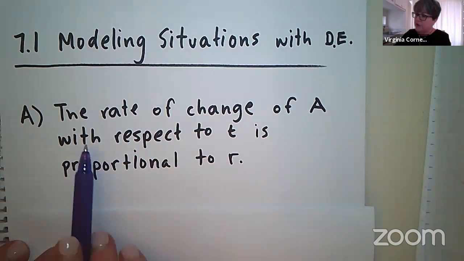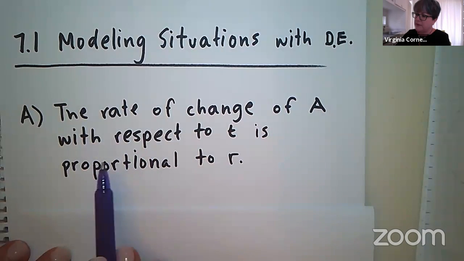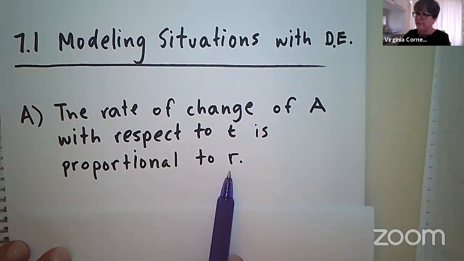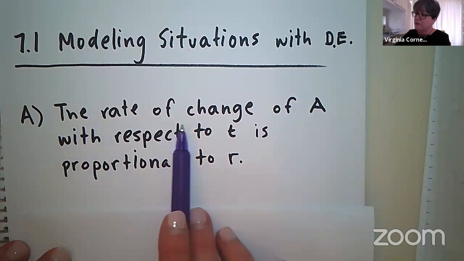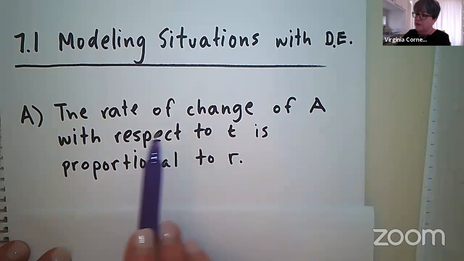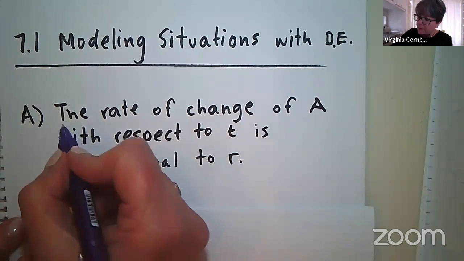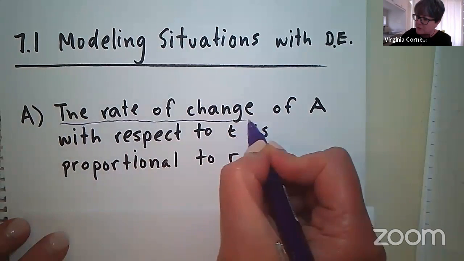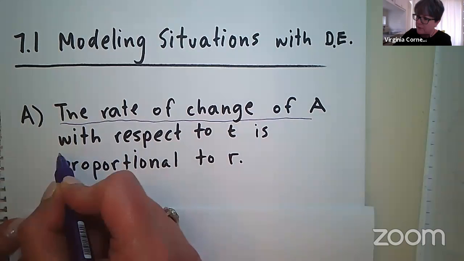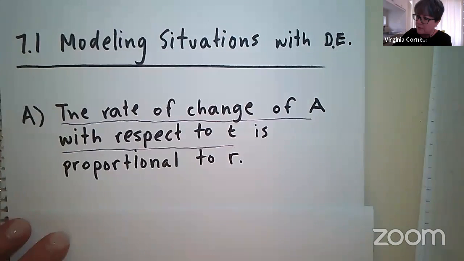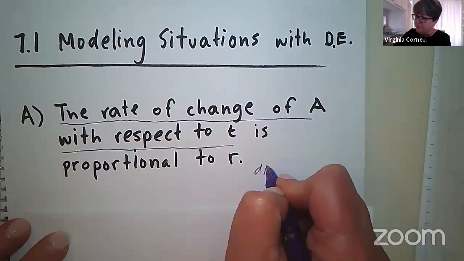The rate of change of A with respect to T is proportional to R. It sounds a lot like my warm-up, doesn't it? It's got a little bit of difference though. The rate of change of A with respect to T, that's my differential expression, dA/dt.